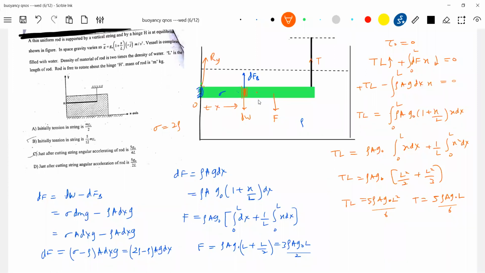Now what will happen? I'll equate for equilibrium. Ry plus T minus the total force F equal to 0. The mass of the rod is m, so in terms of mass also we can express here.